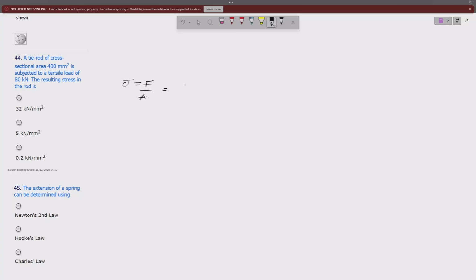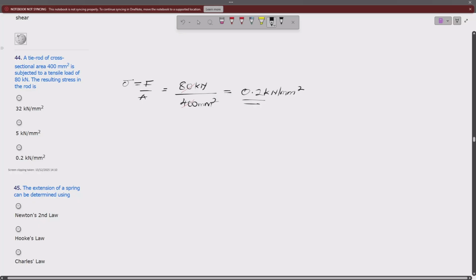Now our force is 80 kilonewtons divided by our area 400 millimeter squared. The answer is going to give you 0.2 kilonewtons per millimeter squared. That is the answer.